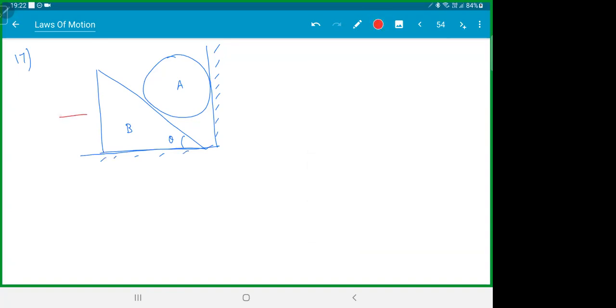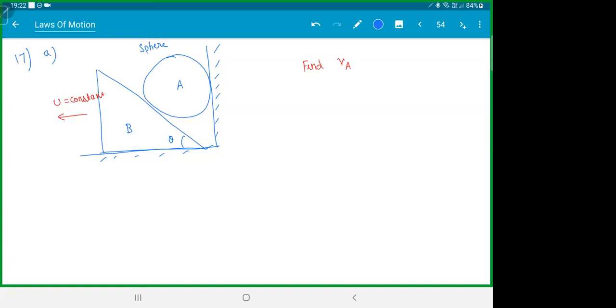So someone is pulling B with a constant speed U. Find V. So the ball A, the sphere, is stuck between the wedge and the wall. As you're pulling it out, the ball will slide. This is an easy version. We'll do a better version of this in the next one, the B part.